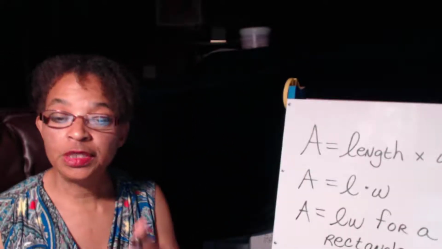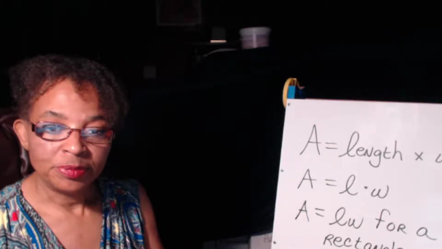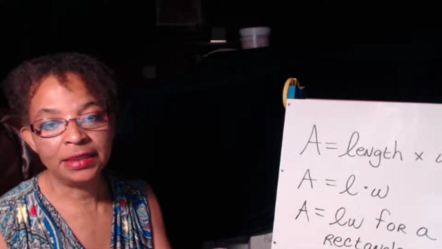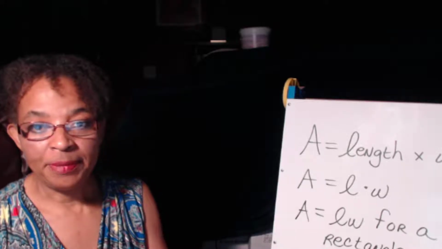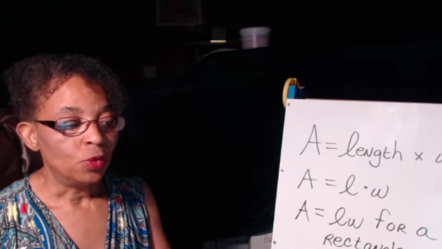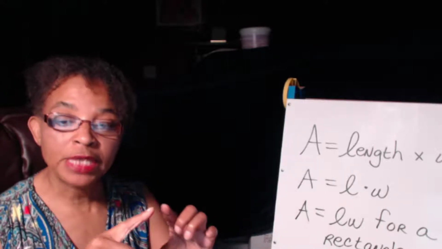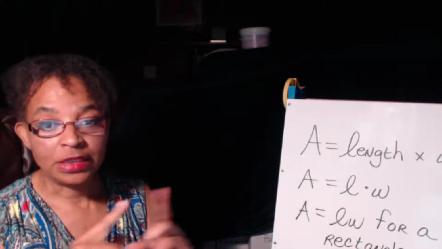Area for a circle is different. The area for any other type of polygon. Now, polygon simply means, poly means many, and gon is side. So polygon is basically a many-sided figure. We start off with the triangle. That's our smallest polygon that becomes a closed shape, so that's 3 sides.